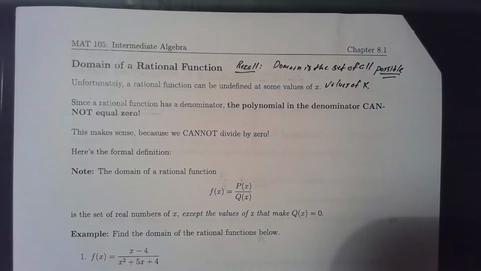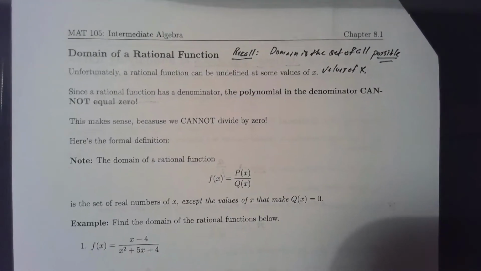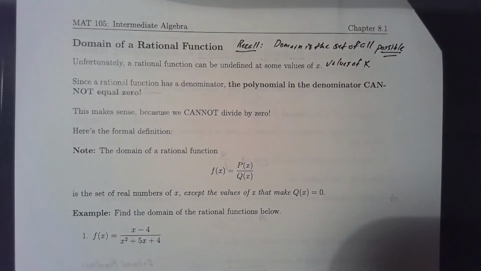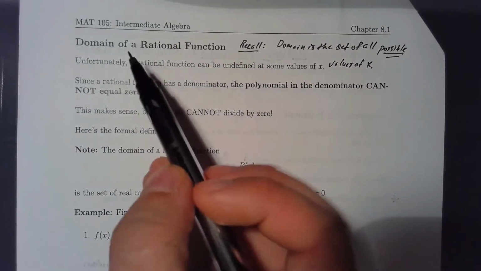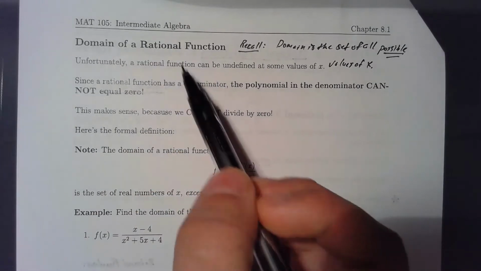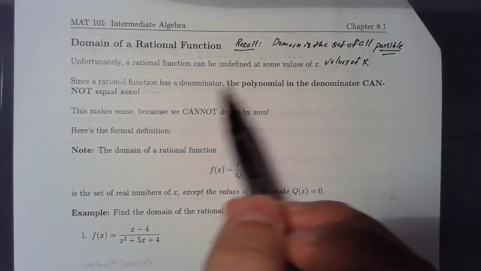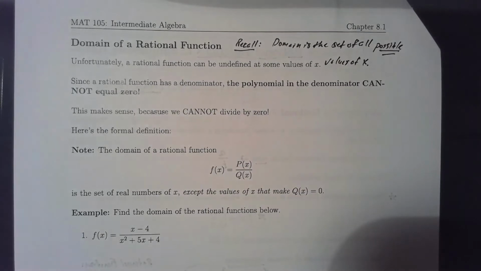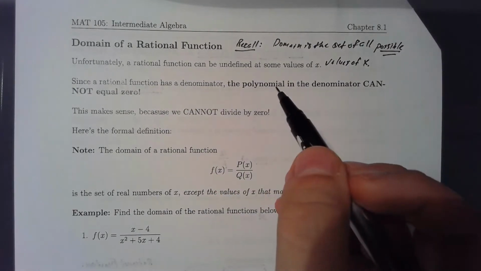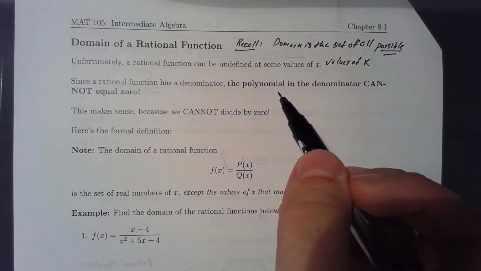So having said that, when we're looking at the domain of a rational function, we're trying to find the set of all possible values for x, and we want to see if there are any inconsistencies that may arise.